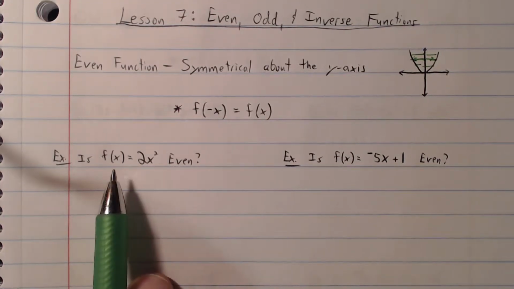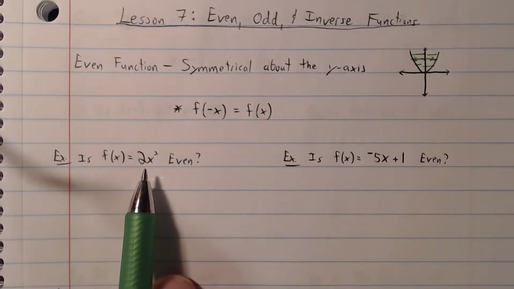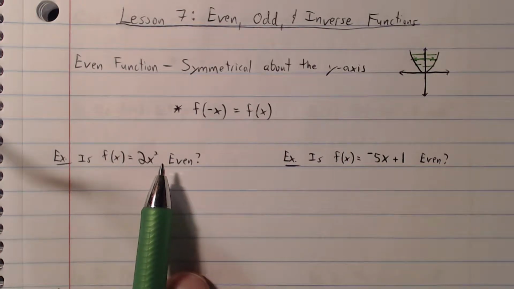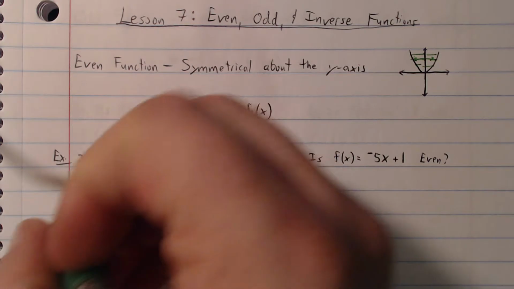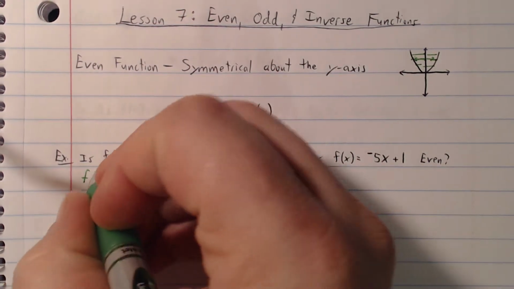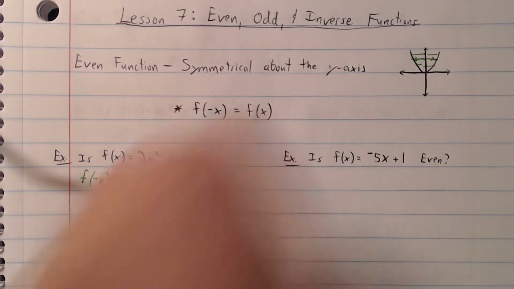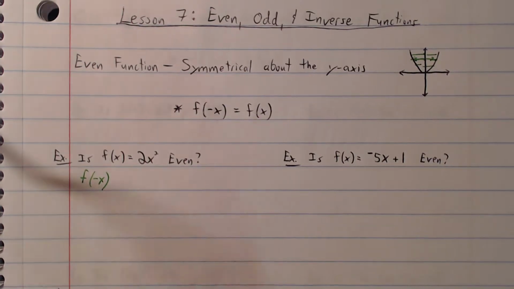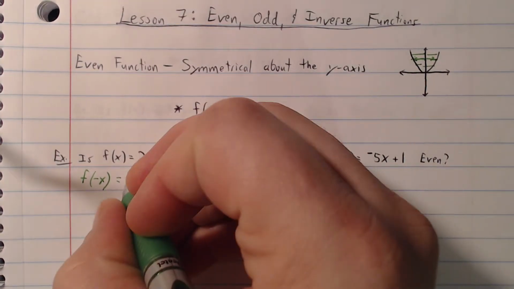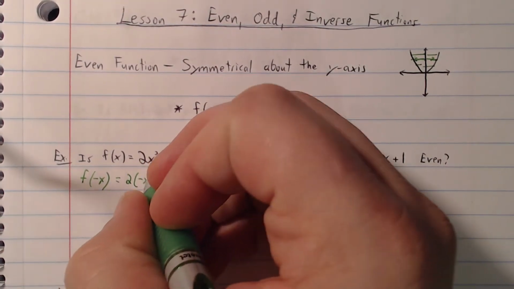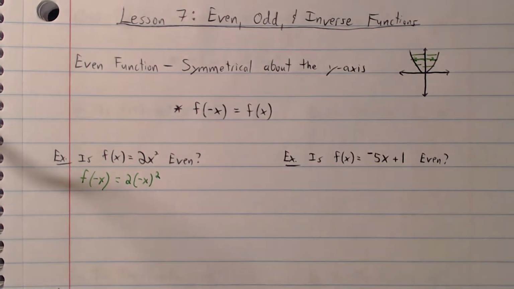We have f of x equals 2x to the second power. Is this even? What we're going to do is plug in the opposite of x. So we have 2 times the opposite of x, squared.